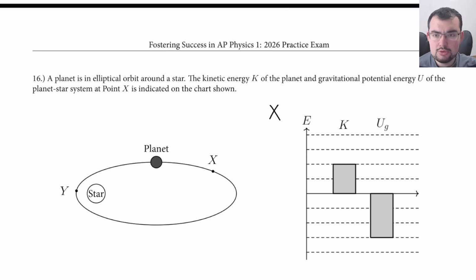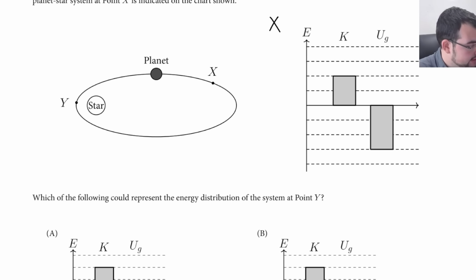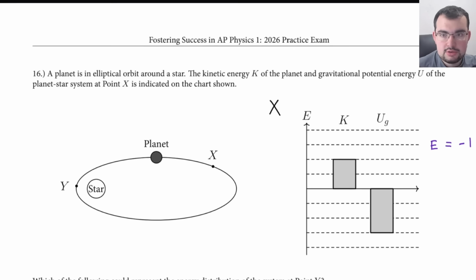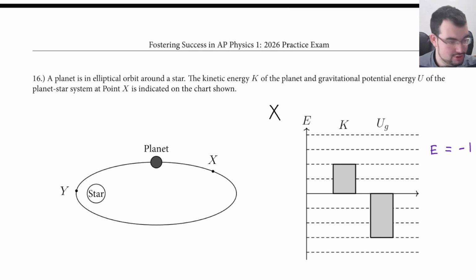But remember, UG is negative. So if we look at what's going on here, our total energy would be positive 2 units and then negative 3 units, so negative 1. So we have negative 1 units of energy total for this system.